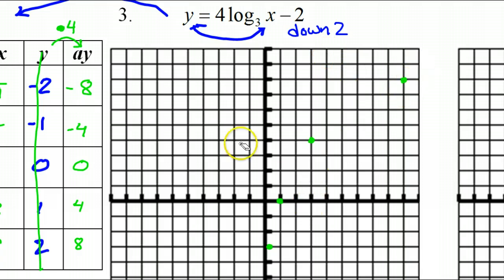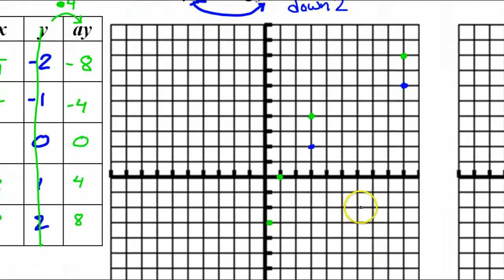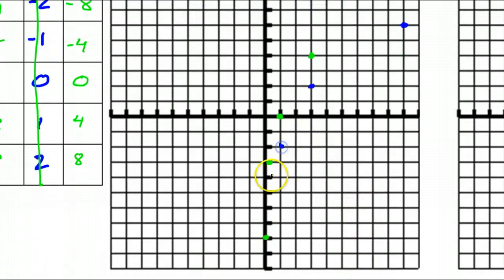So I'm going to take each of these green points and move them down 2. And these will be my final points, so I will graph them in blue. So down 2, down 2, down 2, down 2, and down 2.